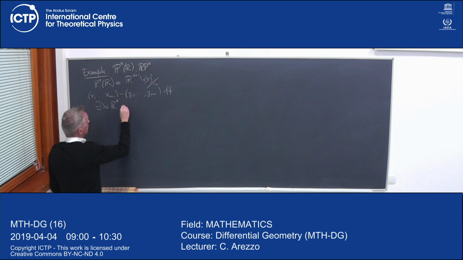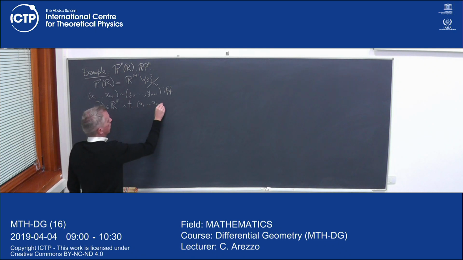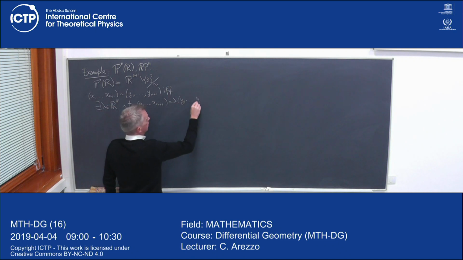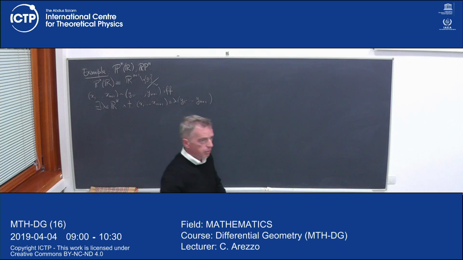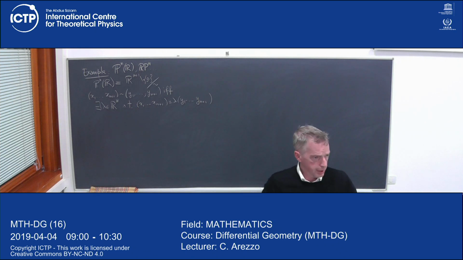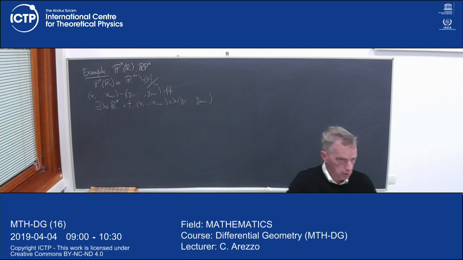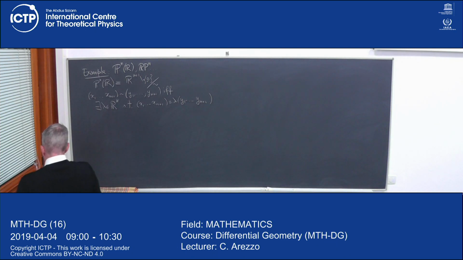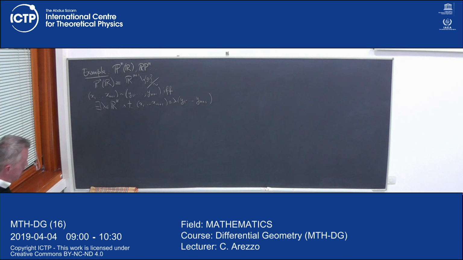So geometrically, two vectors must be proportional. Lambda could be negative, so you can reverse the orientation of the vector if you want.